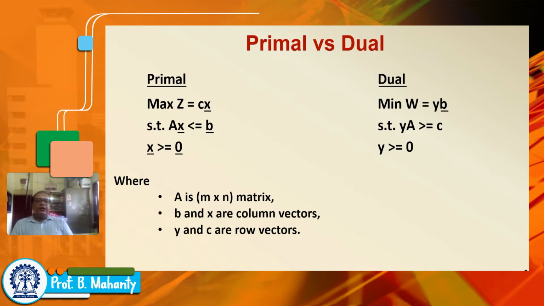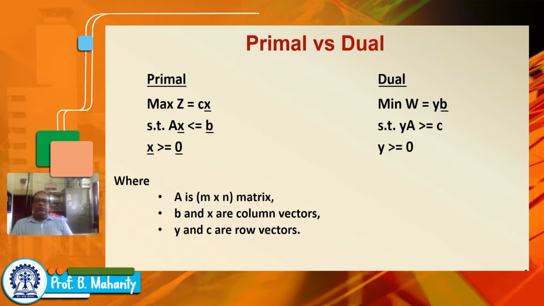The individual constraints are associated with a dual variable y. So B into y, since it is written as a column vector versus row vector, we can write it as yb.